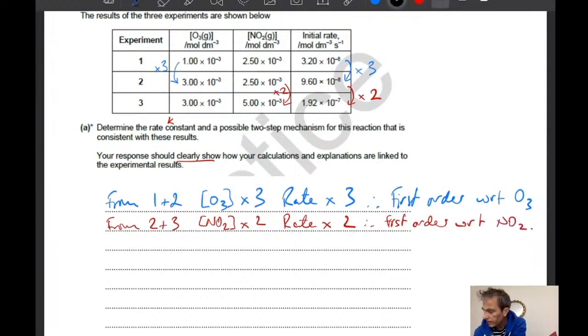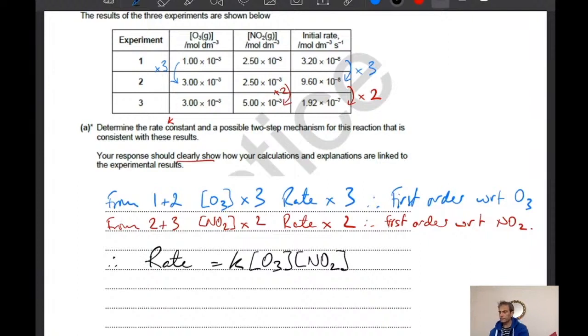We can write the rate equation now. Therefore, rate equation, remember they all start rate equals k, and then we have square brackets O3, and you can put a multiplied sign, and if you want, I don't bother, I just have them next to each other, multiplied by NO2, and that's it. That's the rate equation.